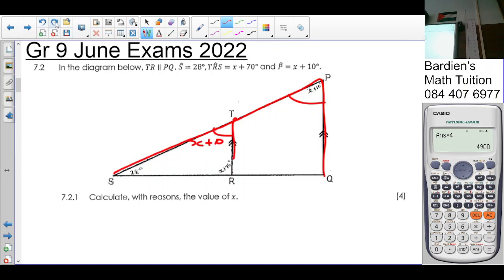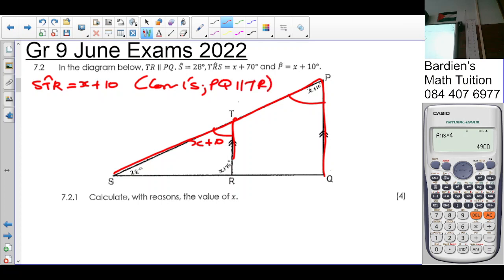So that's not on the diagram, so we must state it. So STR is equal to x plus 10. Why? Corresponding angles with PQ being parallel to TR.